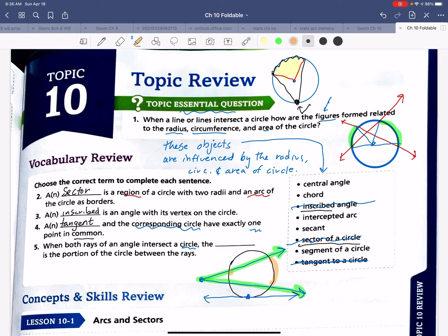This is what we call the intercepted arc. When we used inscribed angles, we also talked about this being our intercepted arc. So I like this word, intercepted arc. Nice.